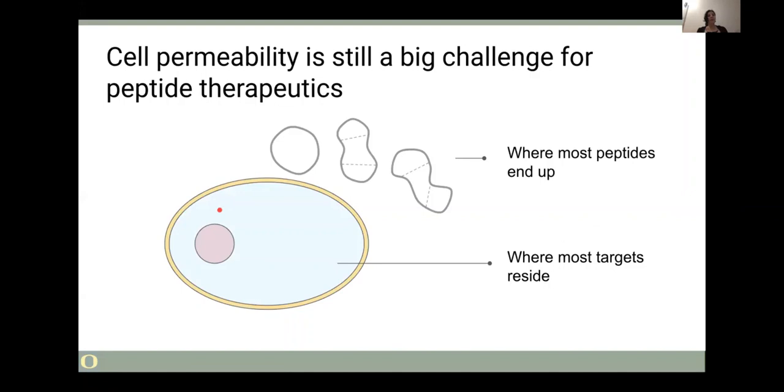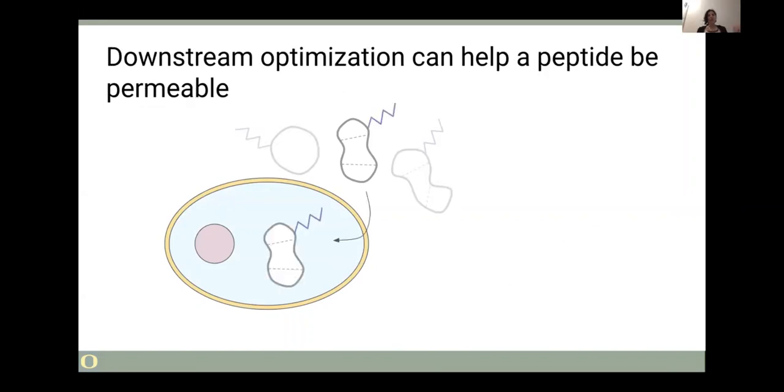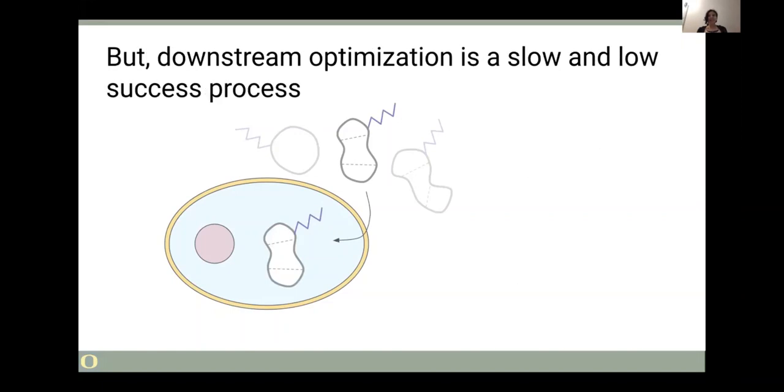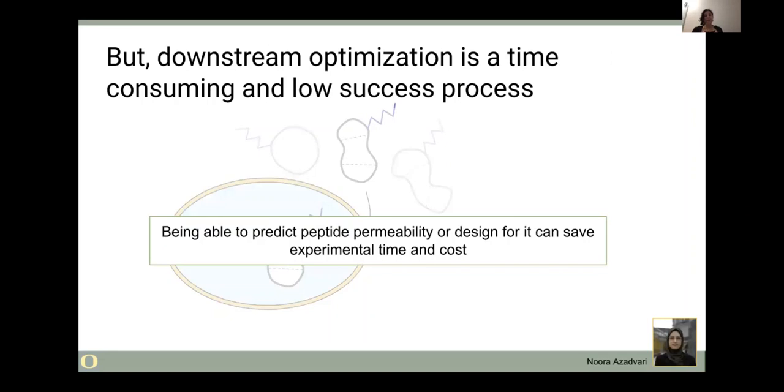And there's a bunch of downstream optimizations you have to go through to hopefully get one of your peptides across. A lot of the time it fails. A lot of the time it interferes with your peptide's ability to bind. So if only we could, as a community, come up with a better predictor for peptide permeability, or ways to know which peptides can cross, that would be super helpful.